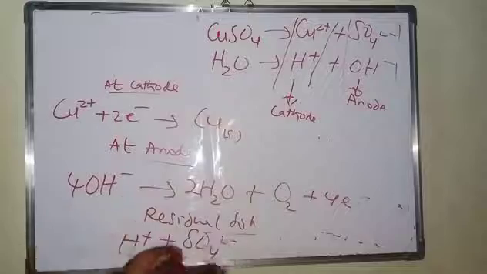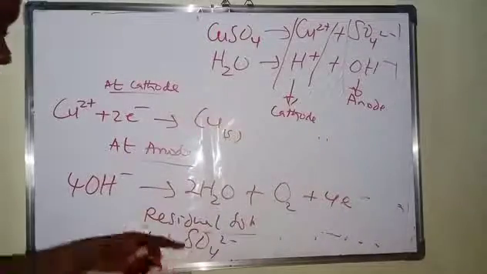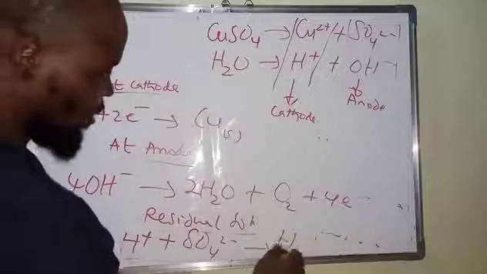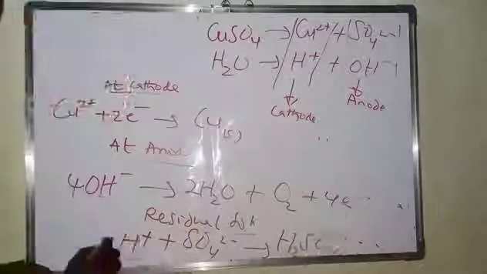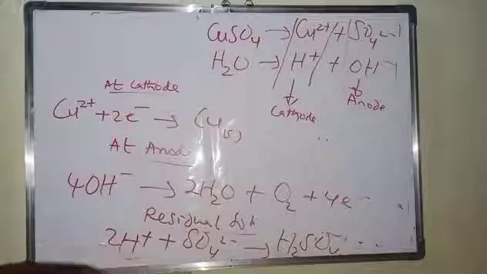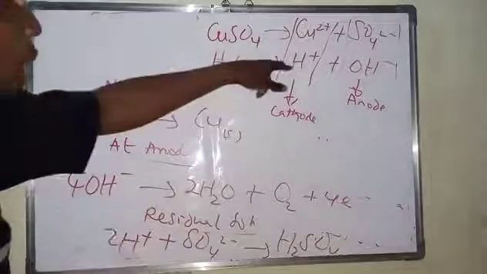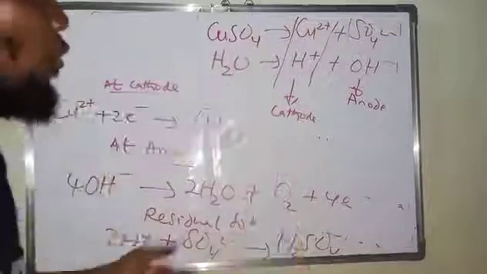Being oppositely charged, they will combine to form a kind of acid, H2SO4. You understand? So the residual solution contains the undischarged hydrogen ion and undischarged sulfate ions, which will combine to form H2SO4.